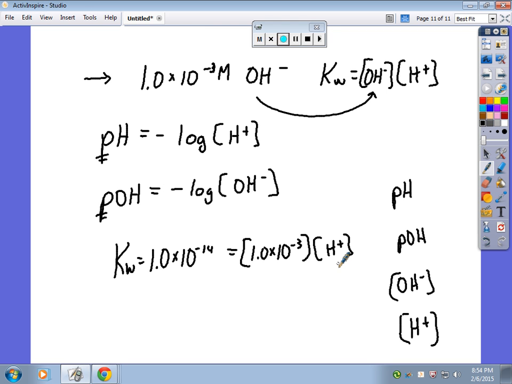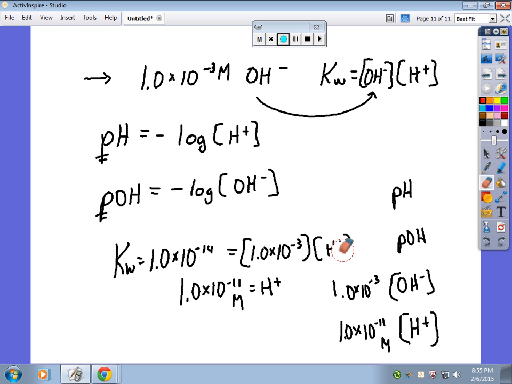And if I solve for x, I'm going to get 1.0 times 10 to the minus 11th. That equals my hydrogen ion concentration, and that's molarity. So I'm going to write that over here, 1.0 times 10 to the minus 11th, molarity. This is 1.0 times 10 to the minus third, just by plugging that in the equation, right?